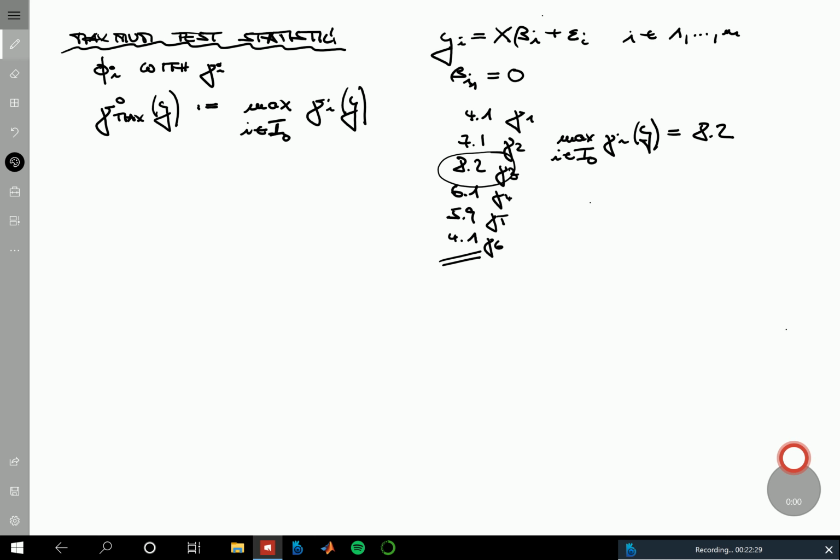We select one critical value, which we call u alpha prime FWE.